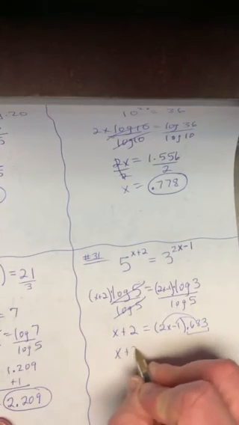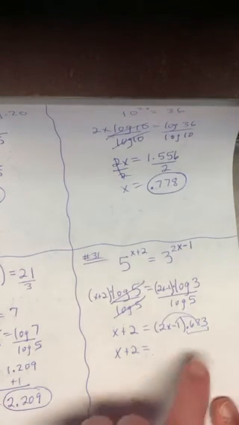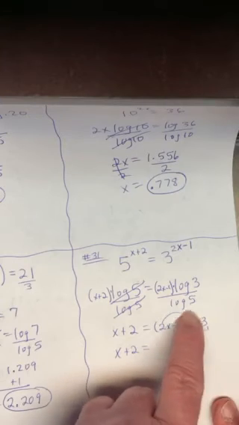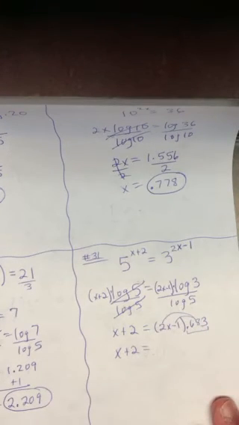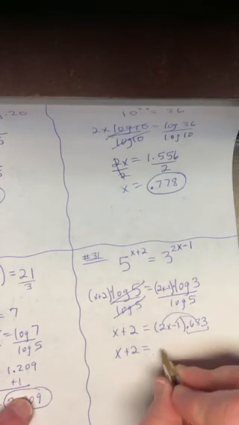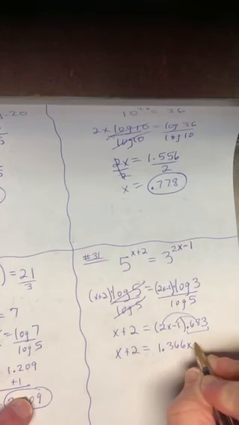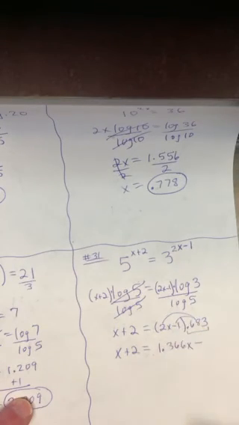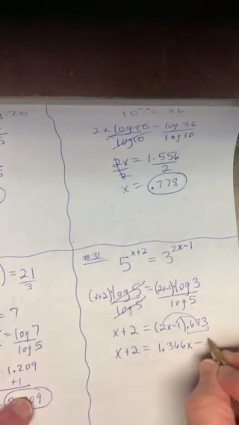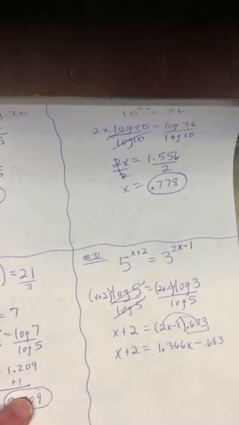So I got x plus 2 equals, if I take 0.683 and times it by 2x, now let's see, 0.683 times 2, I get 1.366x minus, and then distribute it to the 1, of course, that'll be minus 0.683.